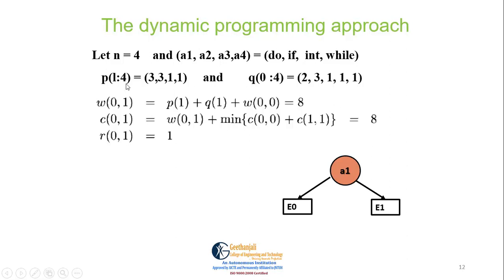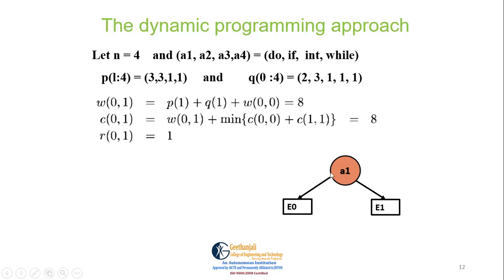In mathematics, by using the formula, a recurrence relation, we find that the cost of the single node is 8. You can also verify it manually. Let us verify manually. So A1, what is the probability of A1? 3 times. How many comparisons are required to access A1? One comparison.